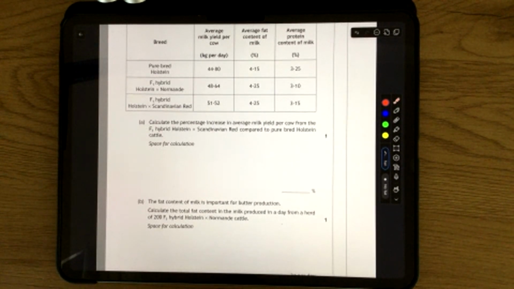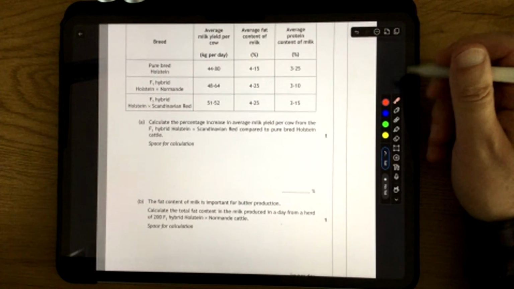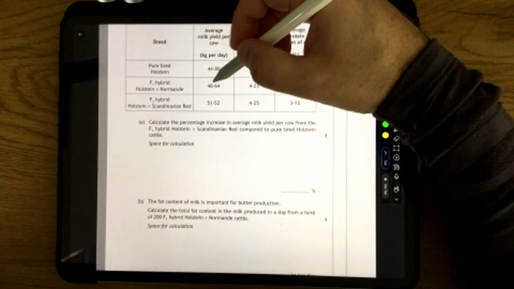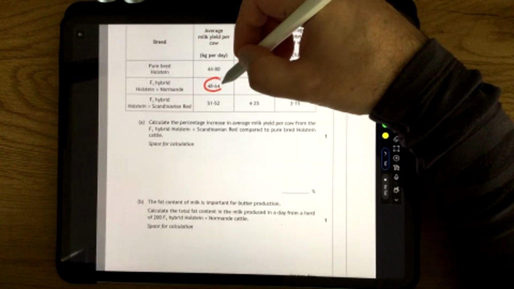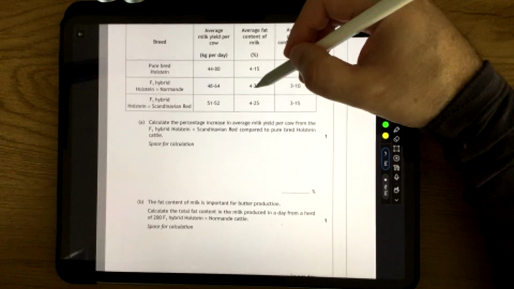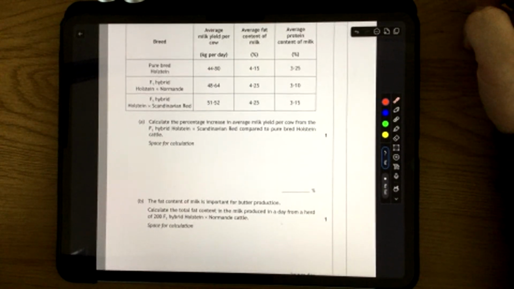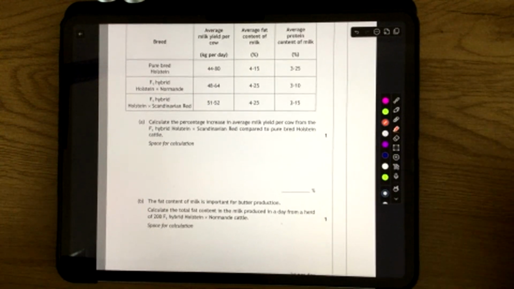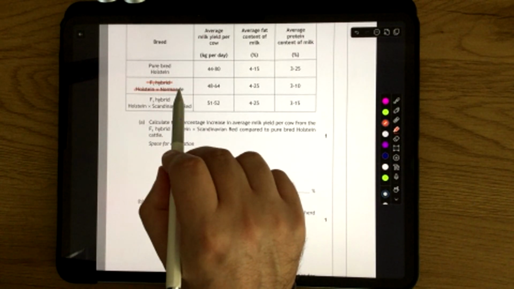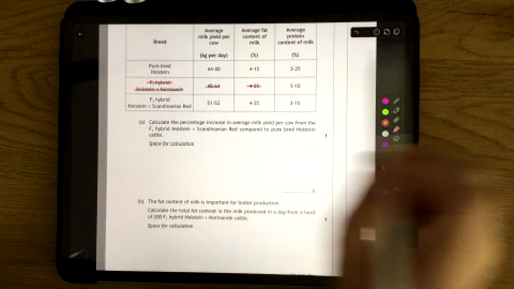Right. So looking at this, the fat content of milk, if the average yield is 48.64, right? And the average fat content of the milk is 4.25. That gives us some figures to work with. So we're dealing with this here, that there, that one there, and that one there.